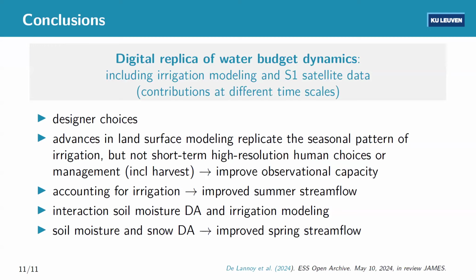So that's where we need to improve our observational capacity in data assimilation systems. Accounting for irrigation improves our summer stream flow, and irrigation modeling and soil moisture data assimilation, they actually do something similar, so they go and interact with each other. And then both soil moisture and snow data assimilation together, they improve our spring stream flow.